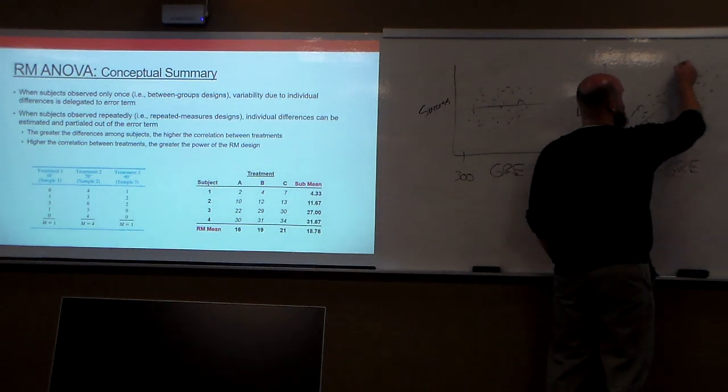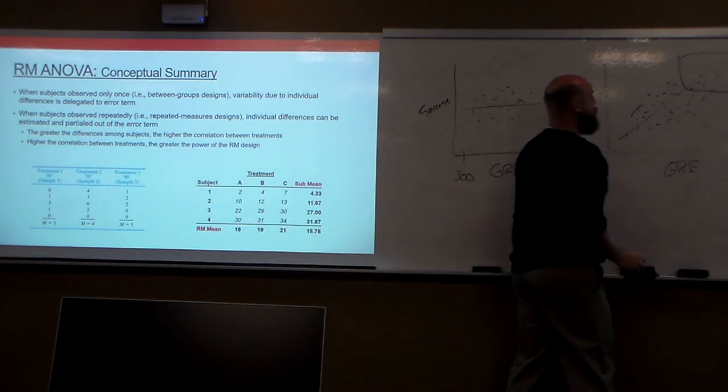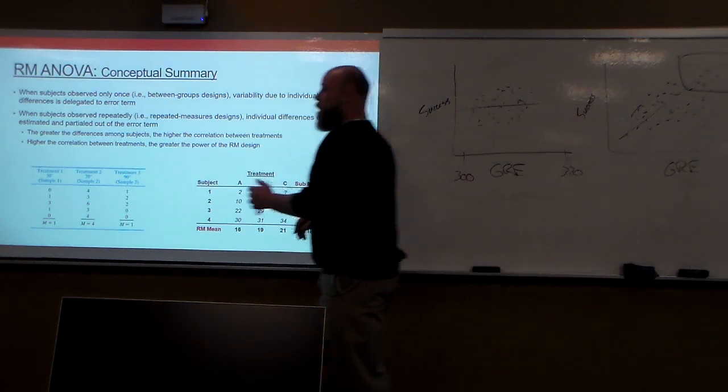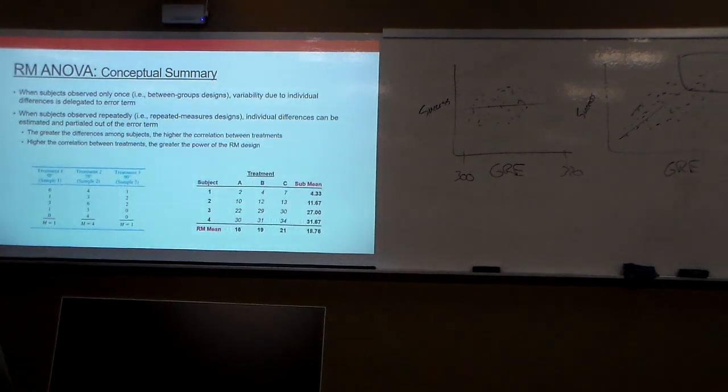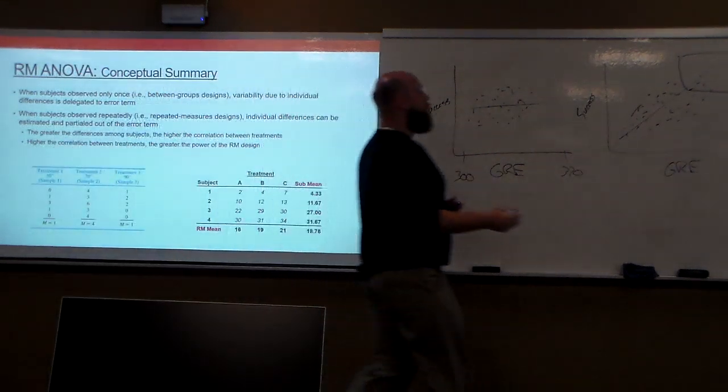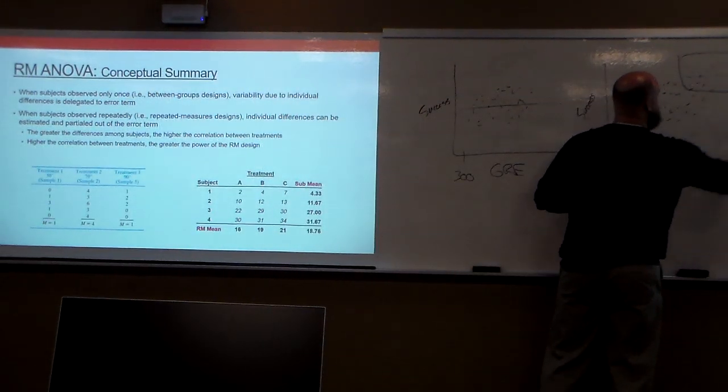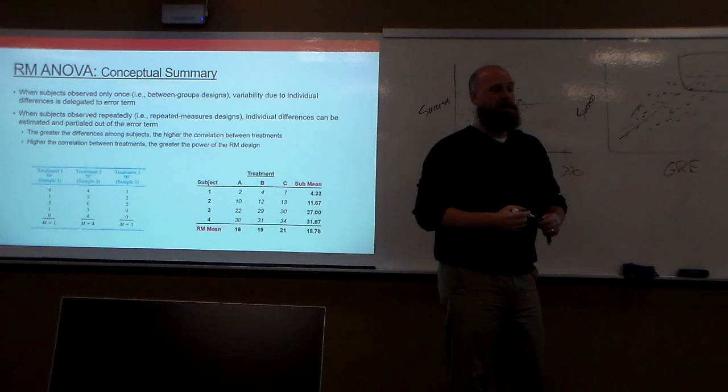But if I only look at this section, it doesn't look like there's any association at all, right? If I've only got this piece, that's kind of what that looks like.